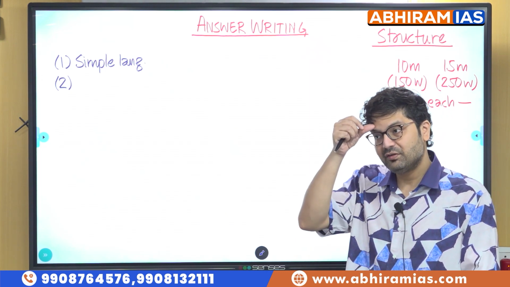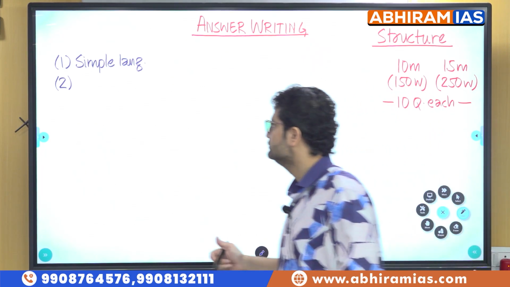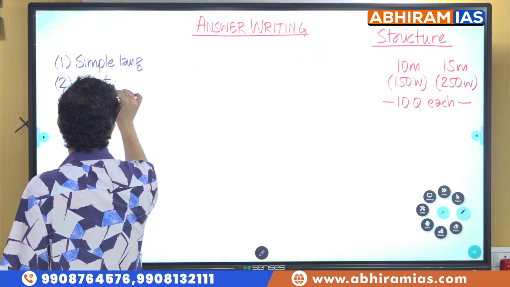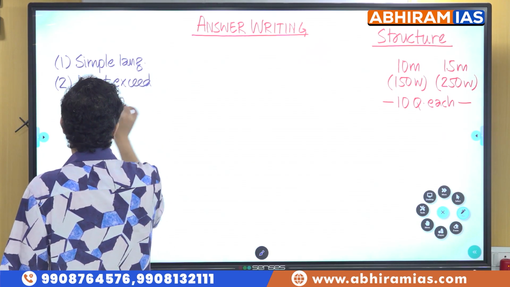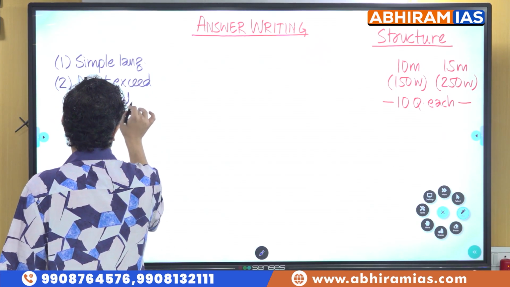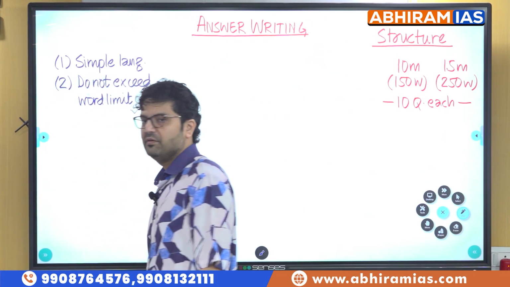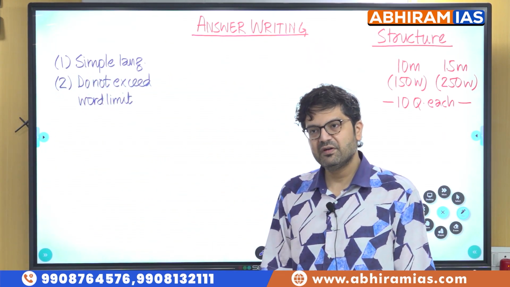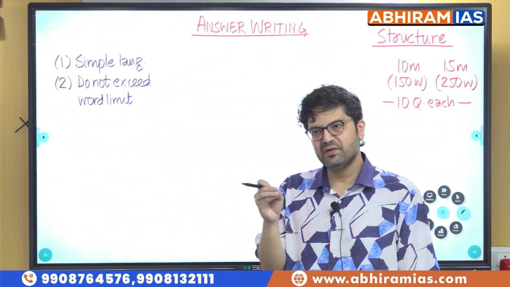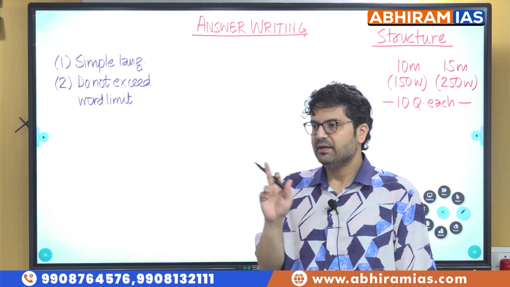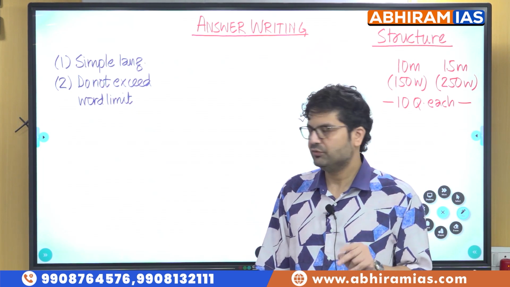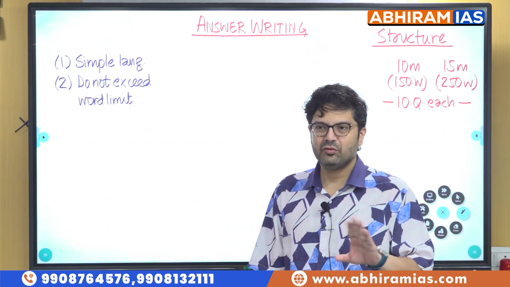So do not exceed the word limit. 150 means 150, not 152. Minus is okay, plus is not okay. Write in 130 words. I'll tell you why. Writing 130 words is better than writing 150 words. I'll come to that also. So, please don't cross the word limit.